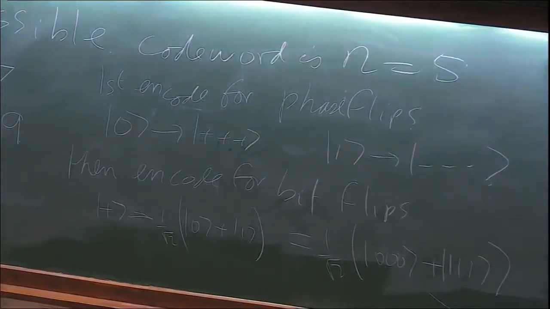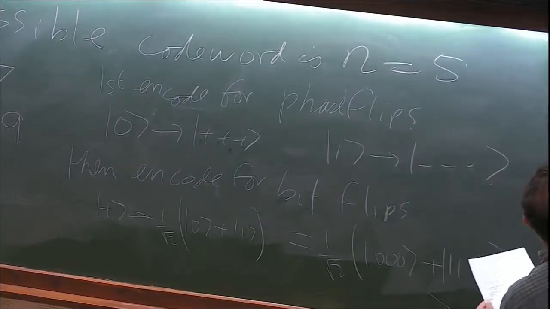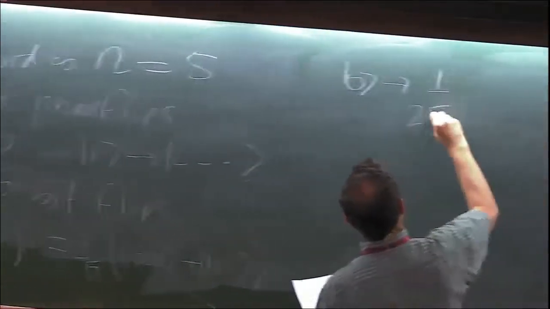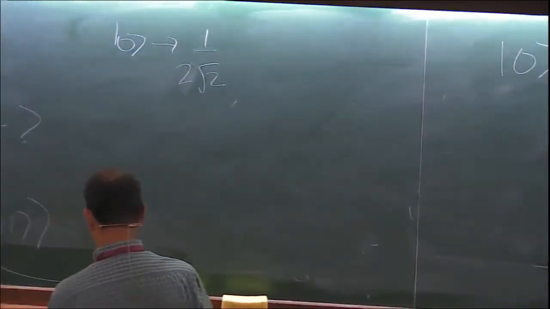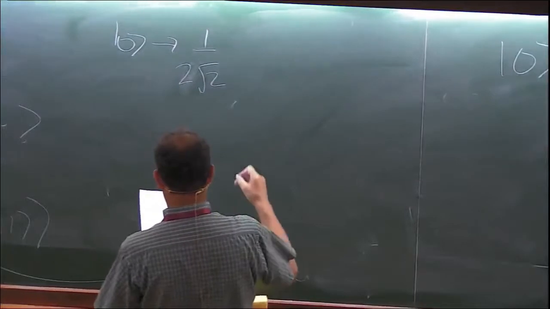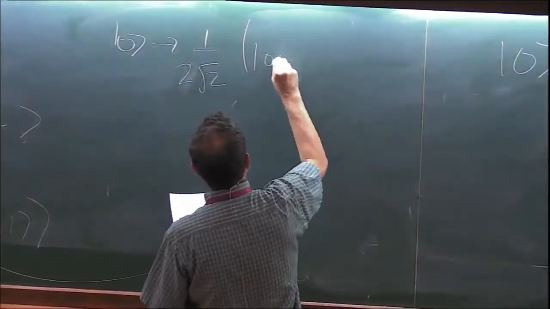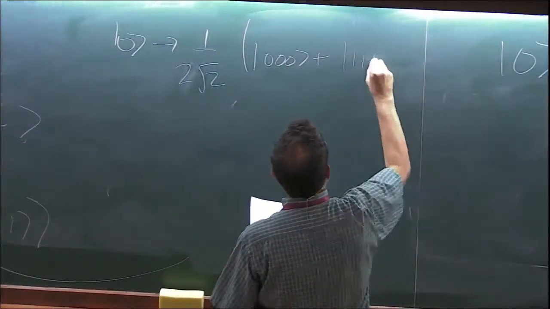And so the 0 goes to 1 over 2 root 2, because we have 3 times this 1 over root 2, times 0, 0, 0 plus 1, 1, 1.